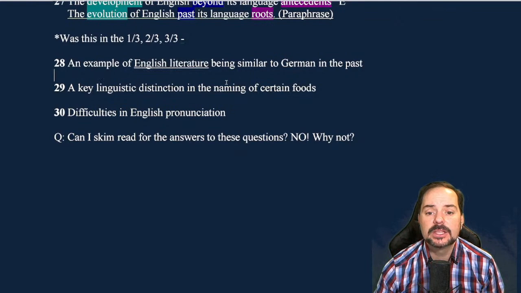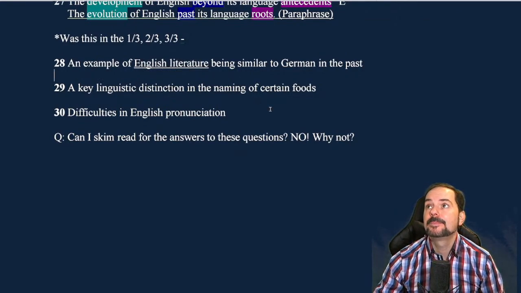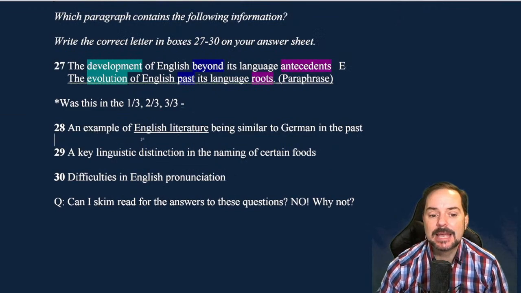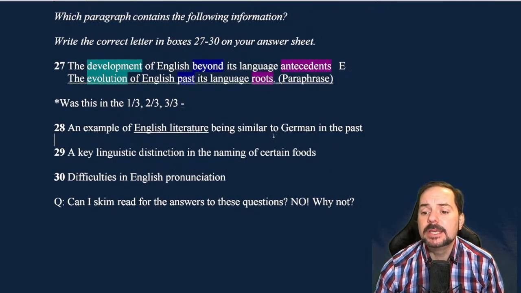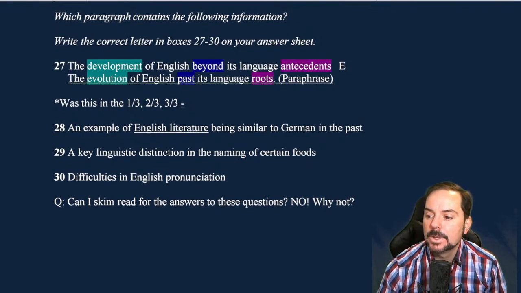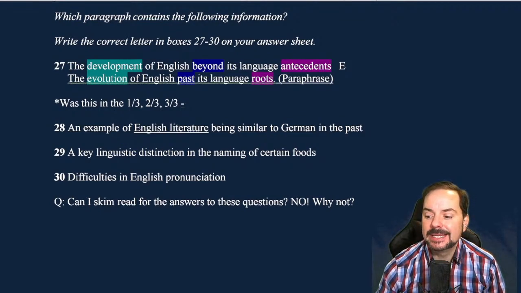An example of English literature. What am I looking for here? All right. What am I looking for here? So an example of English literature being similar to German in the past. Okay. What am I looking for? That should be an easy one as well.